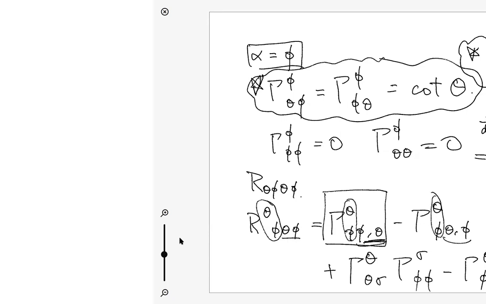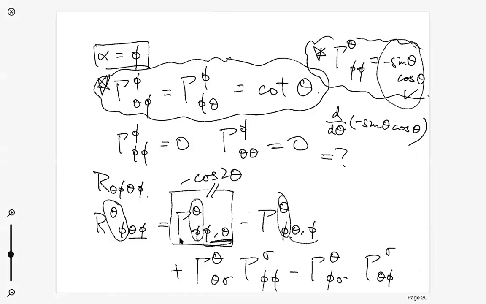Leon said minus cosine 2 theta. Okay, I trust you. So this would be minus cosine 2 theta. What about the second term? This one. Can you quickly tell me whether it's 0 or not?